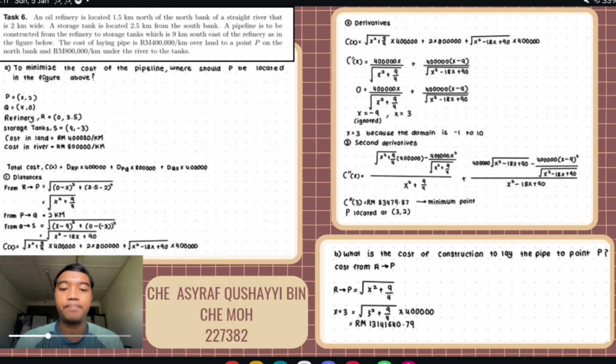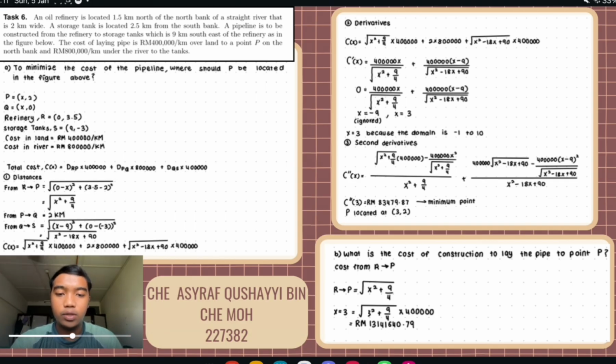All of them are multiplied by the cost of laying pipe over land and under the river. We will get the equation: square root of x squared plus 9 over 4 times 400,000, plus 2 times 800,000, plus square root of x squared minus 18x plus 90 times 400,000.